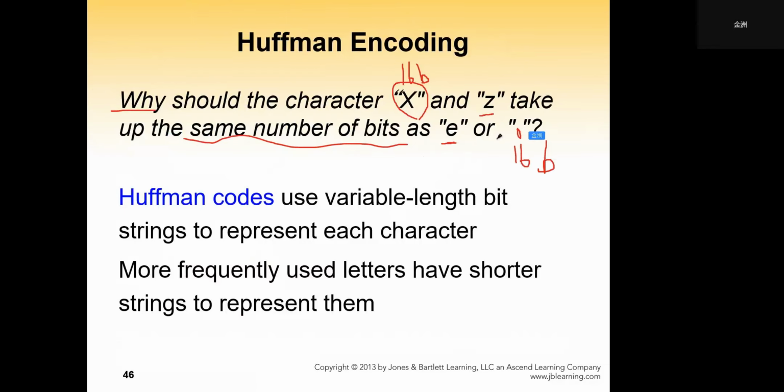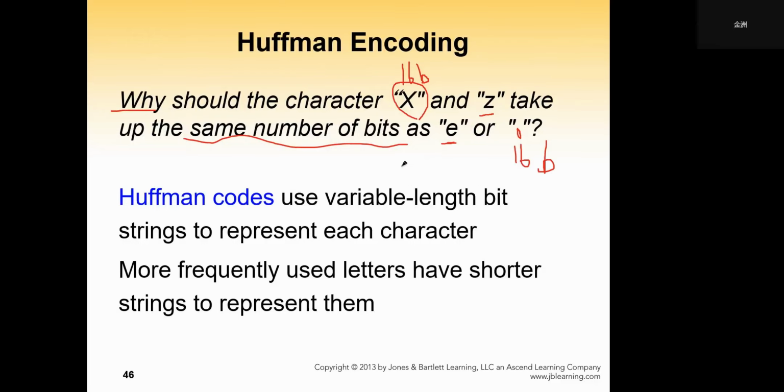But obviously these characters may occur many more times than these characters. So the basic observation is that characters occur at different frequencies, so we may use different lengths to encode them. There's no need for all characters to use 16 bits for the representation.